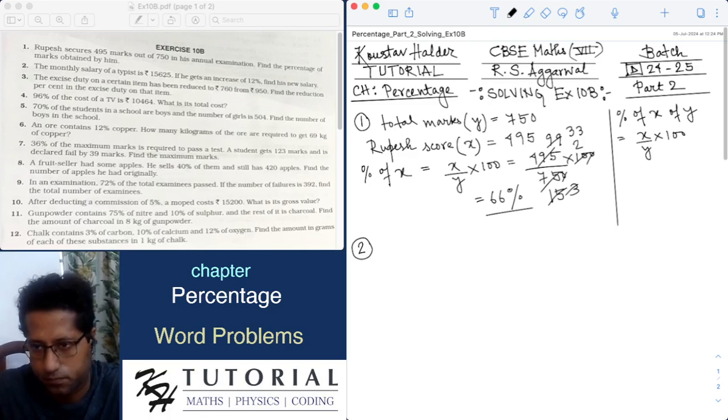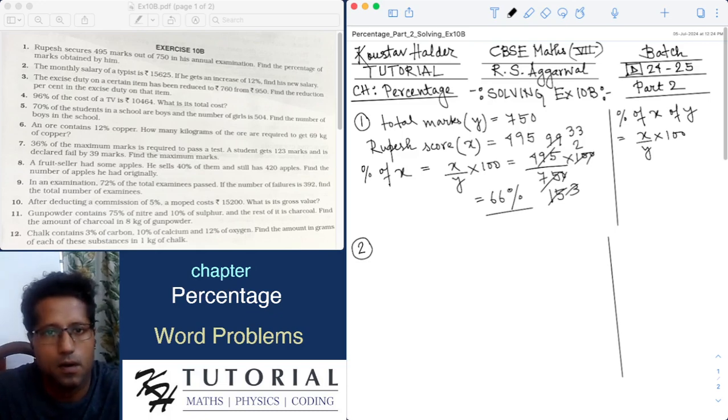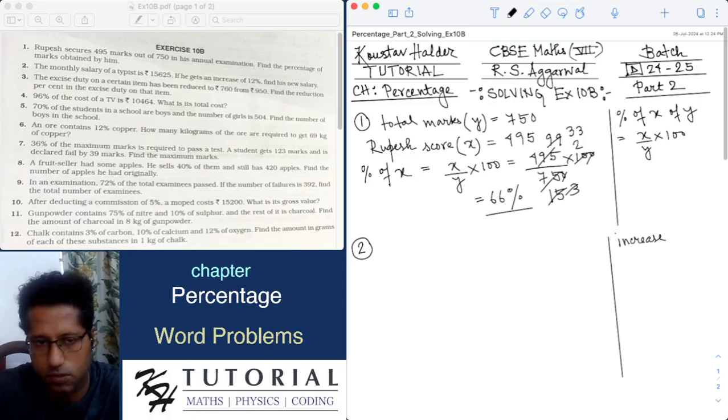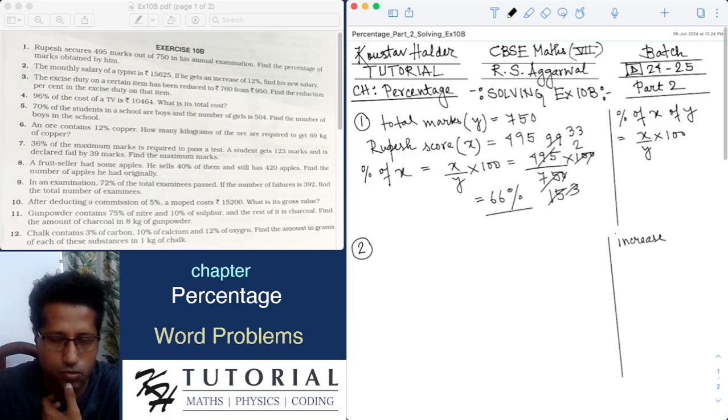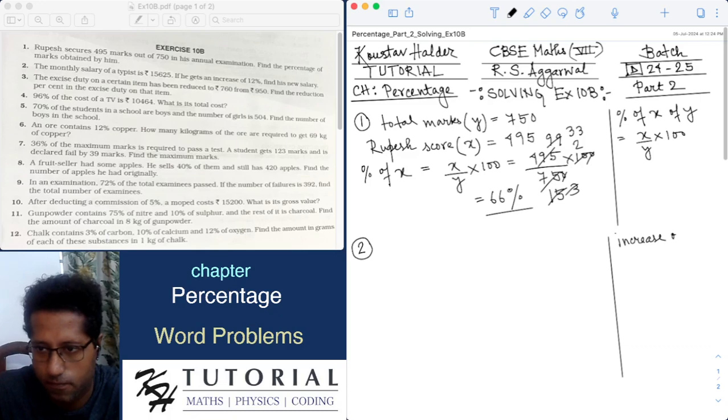Now, increase of percentage, these are some phrases or terms used in relation to percentages that you must understand well, and how to translate those terms or phrases into a mathematical formula or expression. It is important. So an increase of p percent actually means 100 plus p percent.